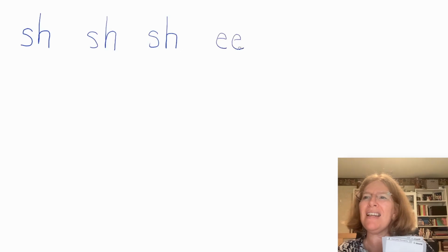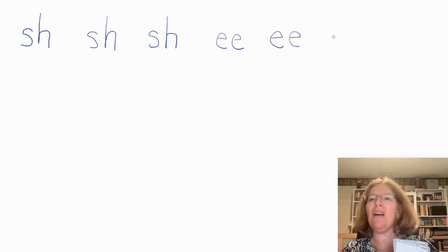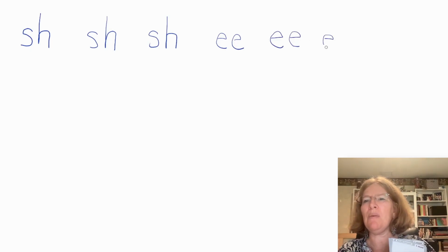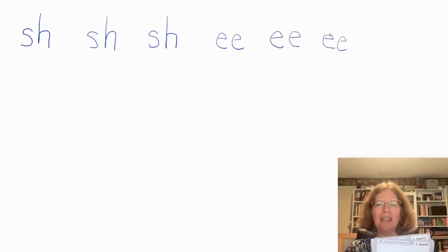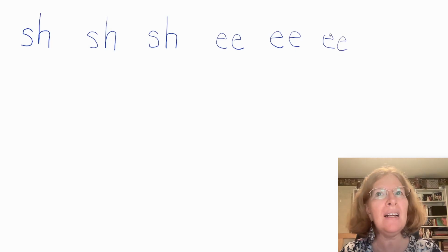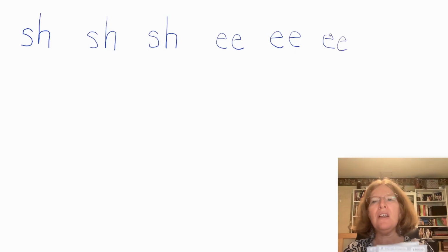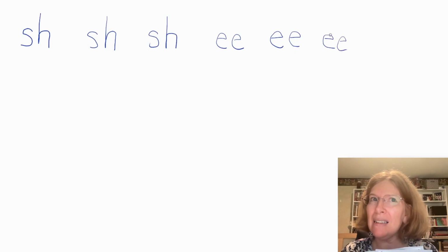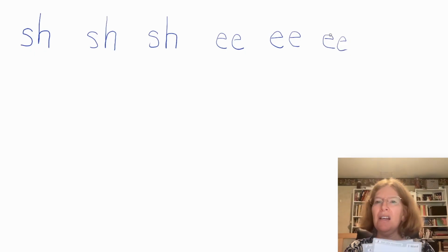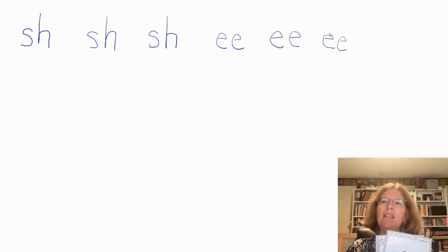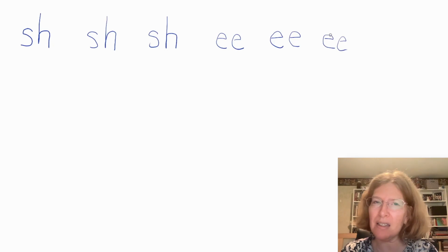E-double-E always says E. Except in Ben, where have you been? And if you go to England, you will hear them say, I have been to see the Queen. So Americans say E-double-E always says E except in Ben.